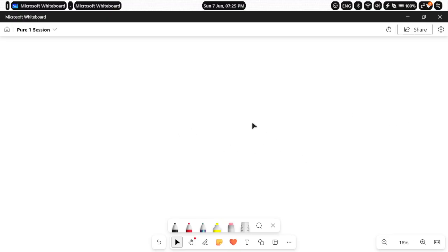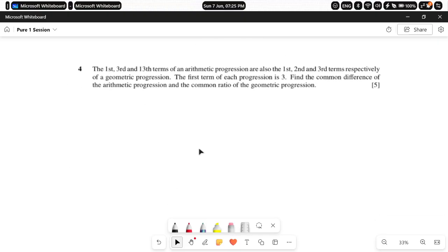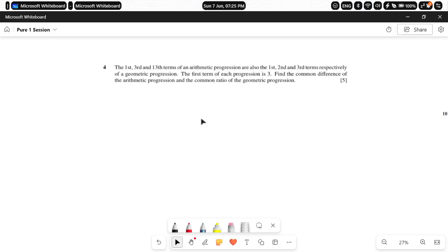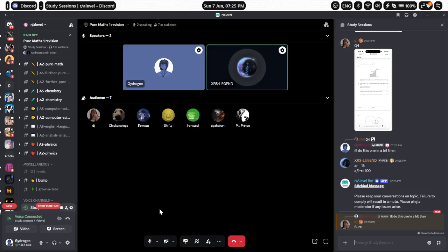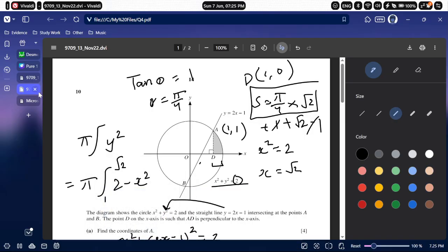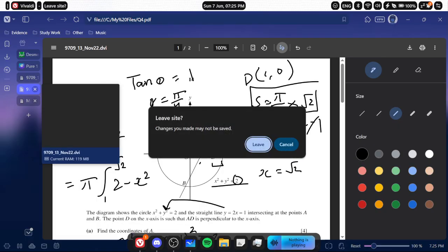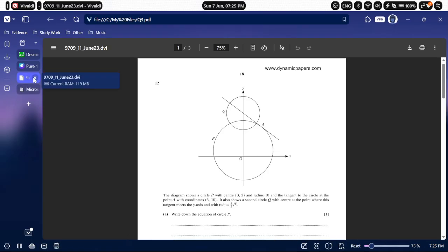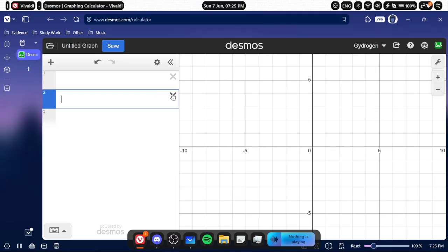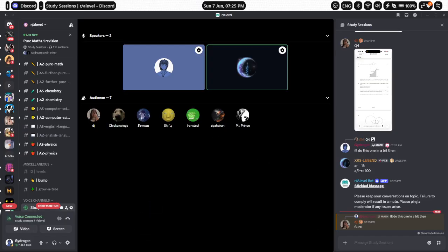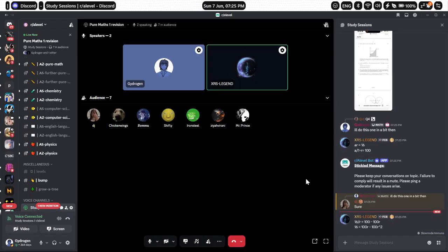So basically you put a is equal to 16 by r, and in the sum to infinity one, it becomes 16 by r upon 1 minus r is equal to 100, so 16 by r is equal to 100 r. In the chat you'll see the working.